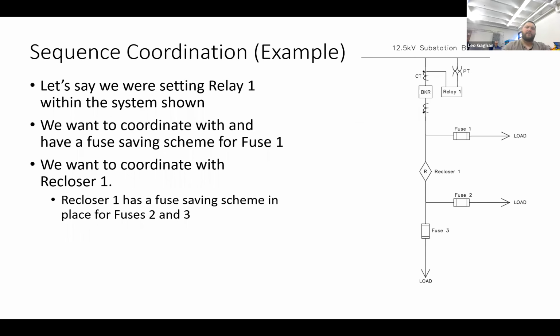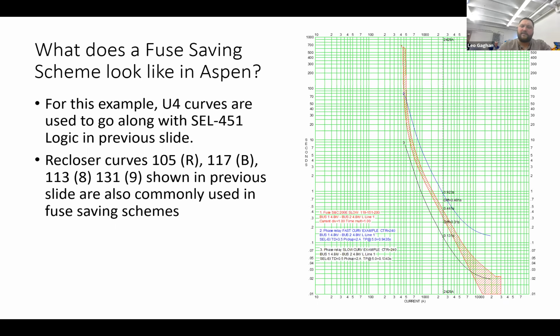Okay, so I think we left off talking about the fuse saving schemes. A quick recap image of that is in the picture here to the right. The way that would work, just as a reminder, is your first trip and second trip in this example would work on that curve 3, what's typically called a fast curve.